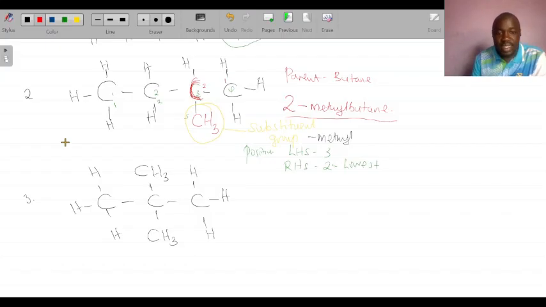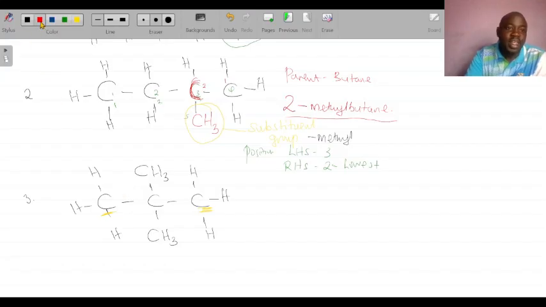Remember, as I said, when you are forming isomers, we should always try as much as possible not to attach any of our substituent groups either on the first carbon from the left-hand side or the carbon from the right-hand side. So with that in mind, we can just play with these carbon atoms and hydrogen atoms in between.